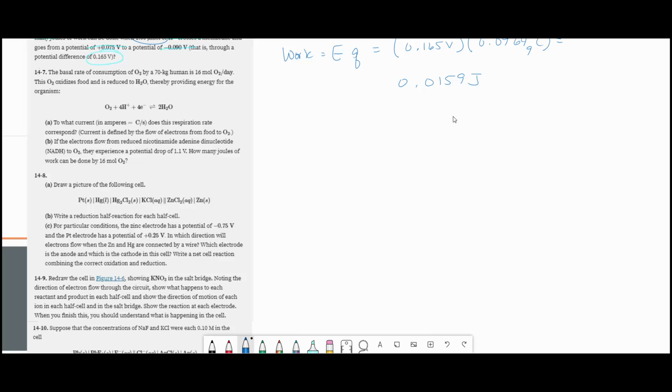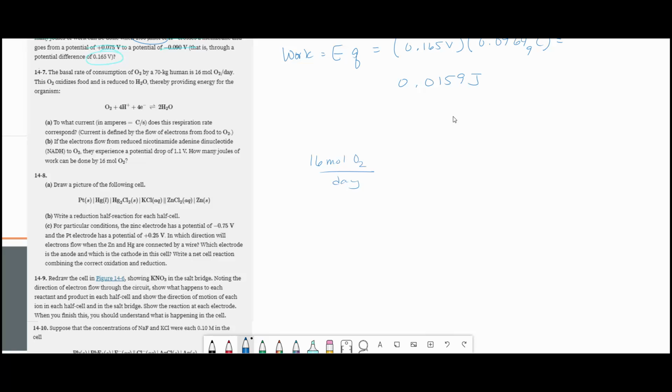And that is 16 moles of oxygen per day. This oxygen oxidizes food, reduced to water, and it provides energy for the organism. That's fantastic. So, A, to what current does this respiration rate correspond?